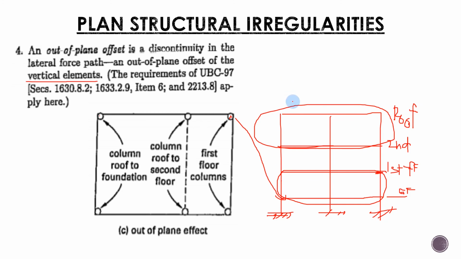So murag kuan imong building ani, murag zigzag something ana. Di na ako madrawing sa 3D guys. Tapos I try to imagine the discontinuity of the vertical element. So mao na gitawag na out of plane offset, the discontinuity. And it will affect the performance of your structure during earthquake.